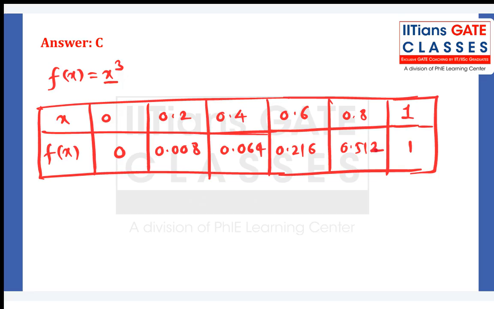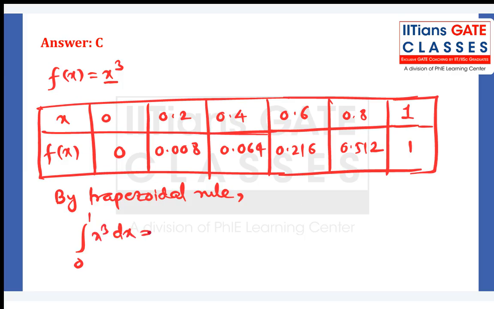So this much information you have, and by the trapezoidal rule you can write this integration from 0 to 1 of x cube dx as h by 2. We can call these y also, because that's easy to write. That will be y0 plus y1, into 2 will be there. Oh no, y0 and y1 don't get multiplied by anything. 2 will be multiplied by the rest of the y values.